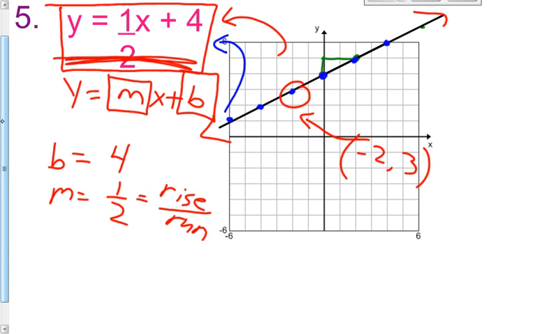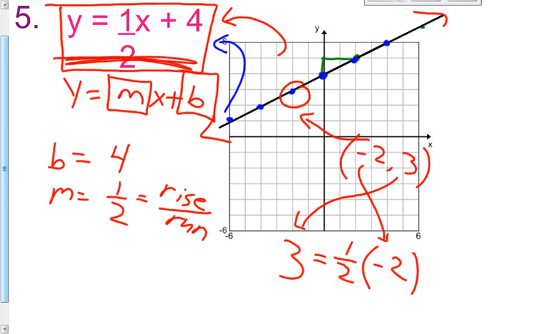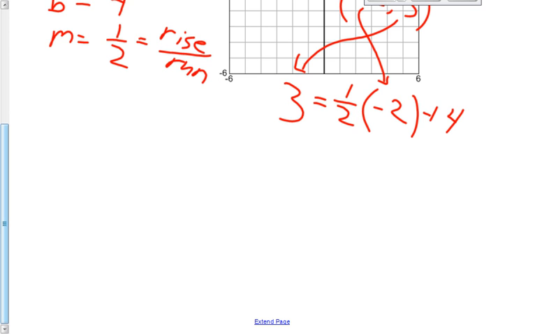Watch. My y equals 1/2 x plus 4. So my y, which is 3, equals 1/2 multiplied by my x, which is -2, and then I add 4. Let's simplify my right side and see if 3 does indeed equal 3.